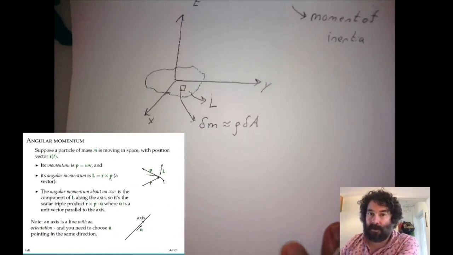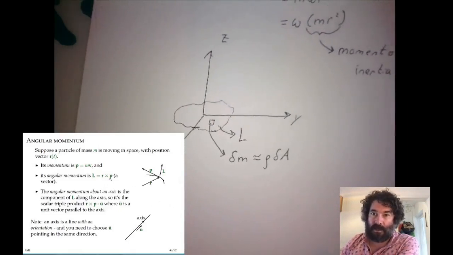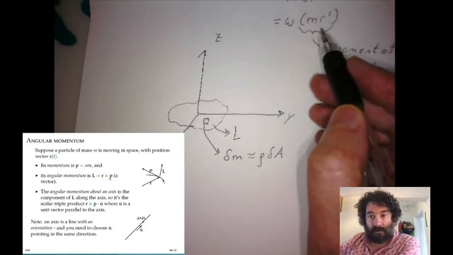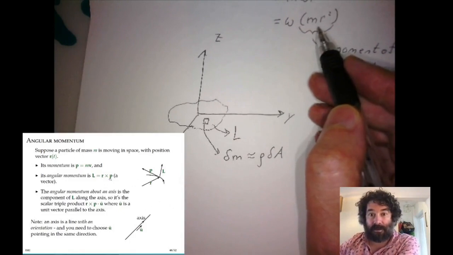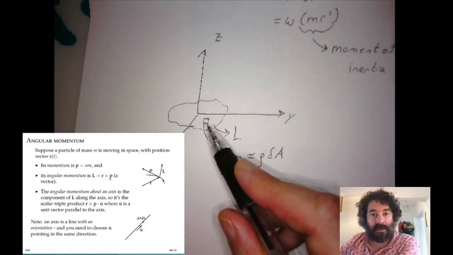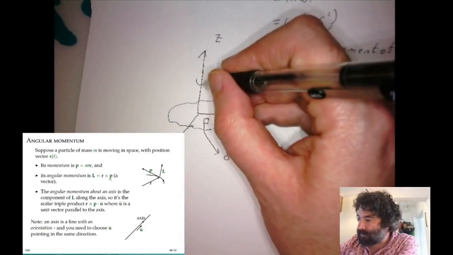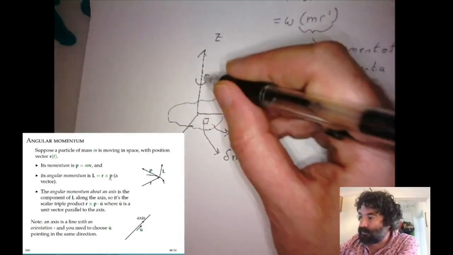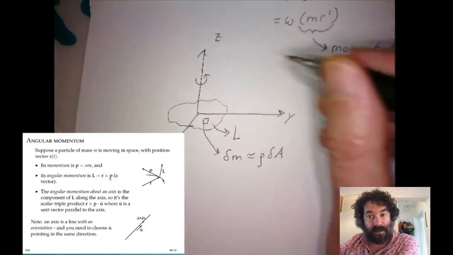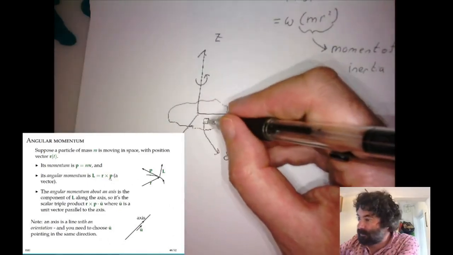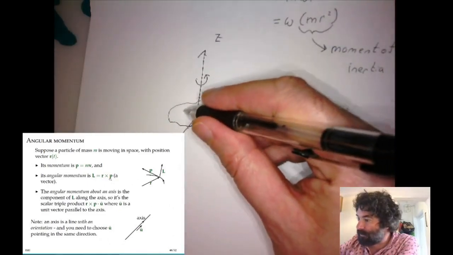And so we have the moment of inertia here, mr squared. And we can ask what would be the moment of inertia of this small little bit if it rotates around the z-axis with angular velocity omega. So supposing we're rotating around the z-axis here. So this small bit is rotating around the z-axis.